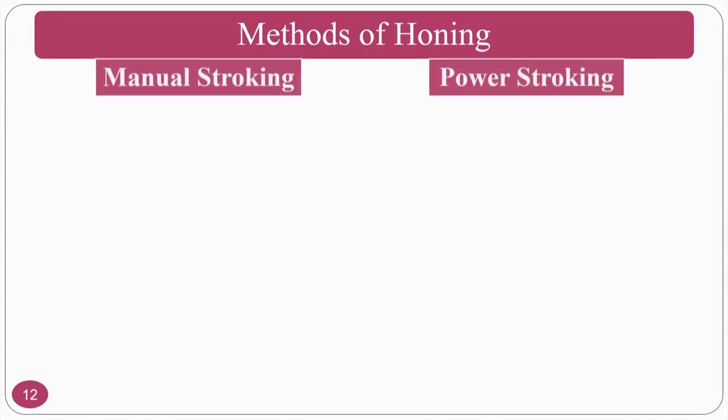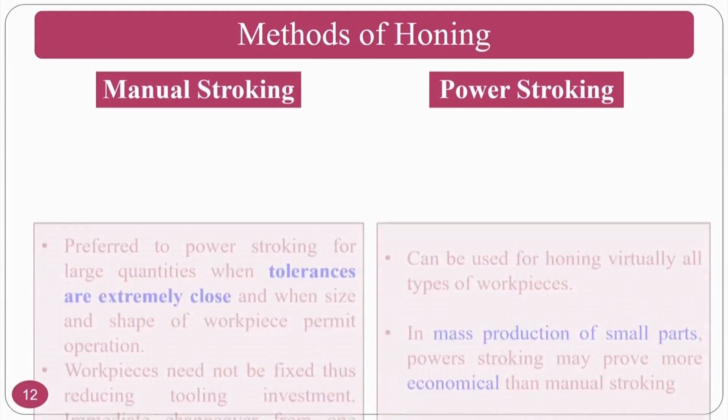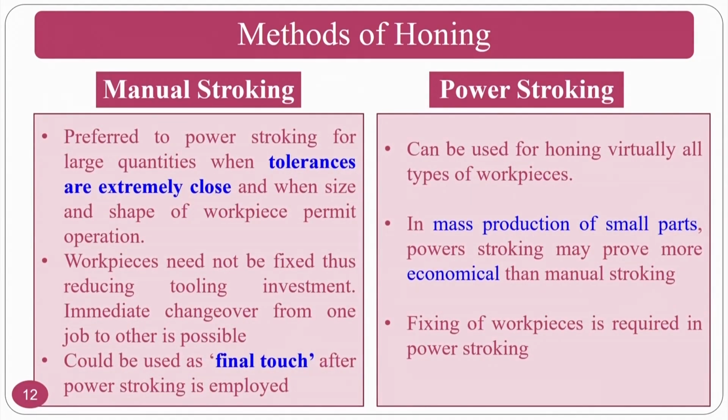Methods of honing. So one is a manual stroking method, another one is power stroking method. Normally manual stroking methods are used whenever the tolerance requirement is very high or you need precise tolerances. Other thing is that experienced staff will be there.